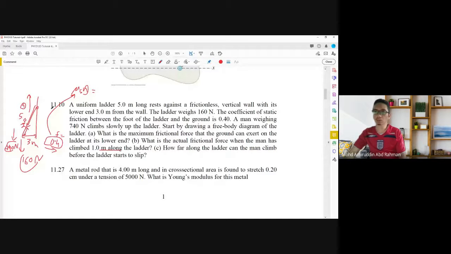So that's 4 meter. You can consider that 4 meter times the normal force.